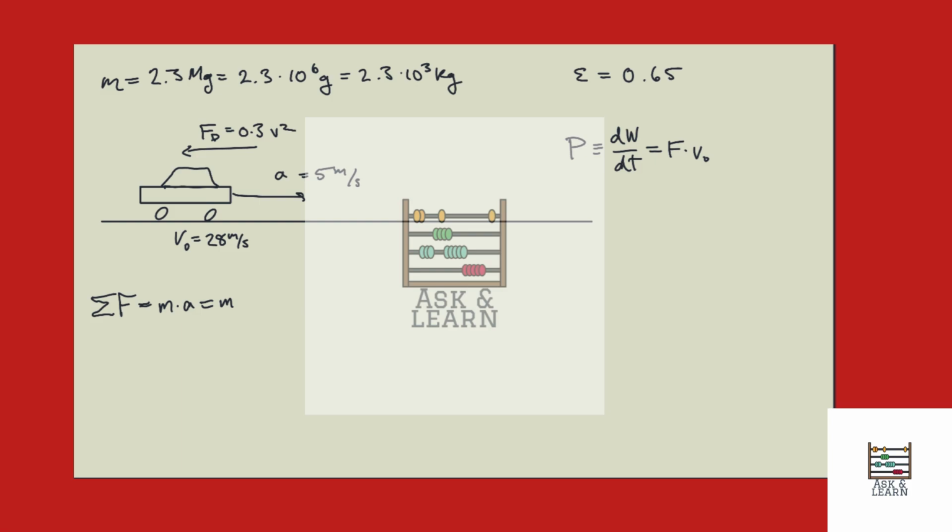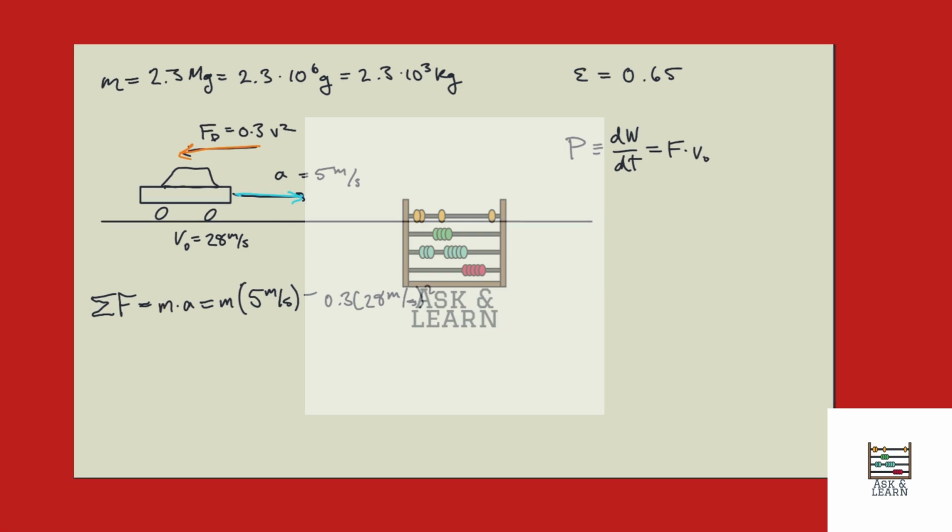I'm just going to write that as m again, multiplied by a, 5 meters per second squared. That's going to be in the forward direction here. But we'll also have a force in the opposite, negative direction. That's going to be a minus 0.3 v squared. V is just 28 meters per second.